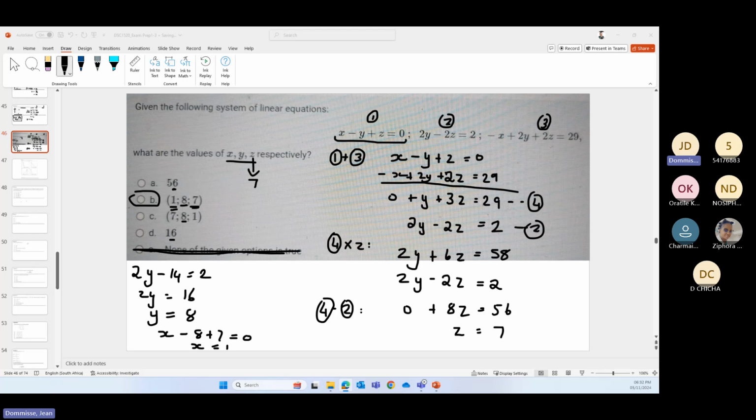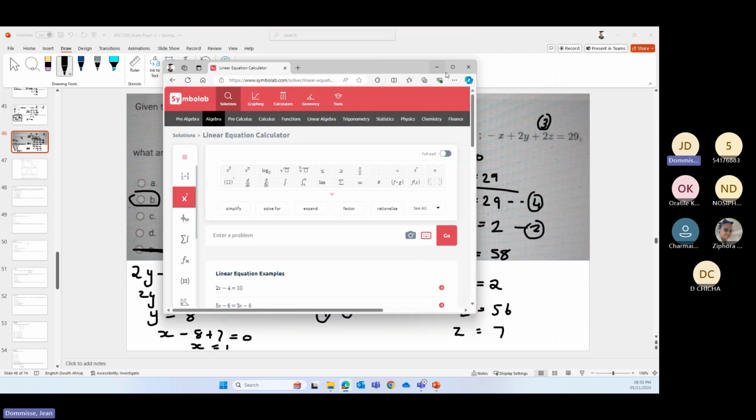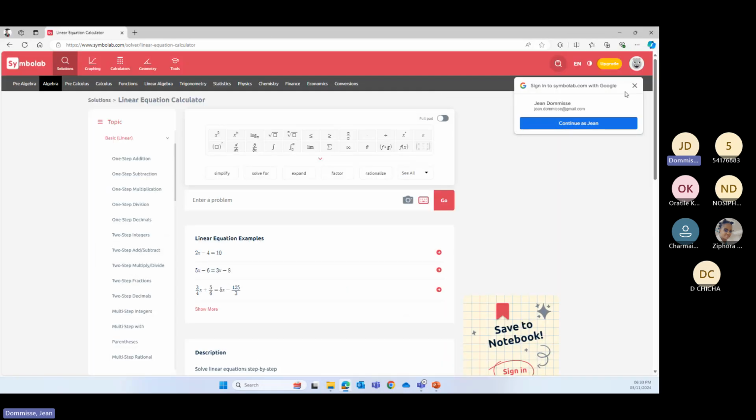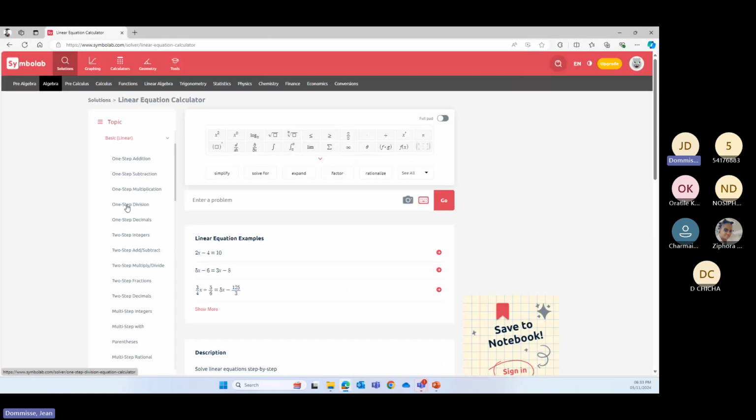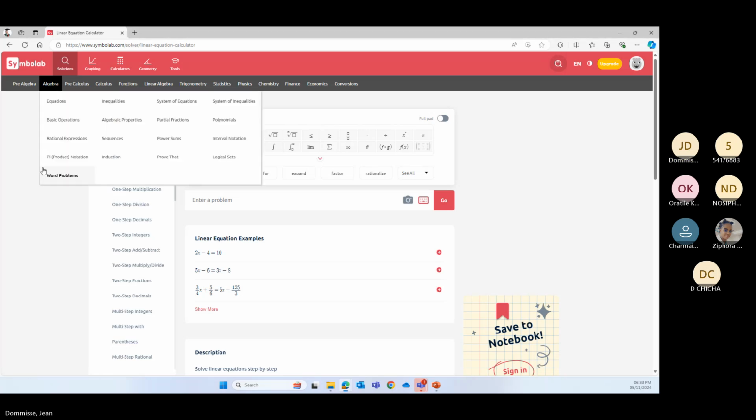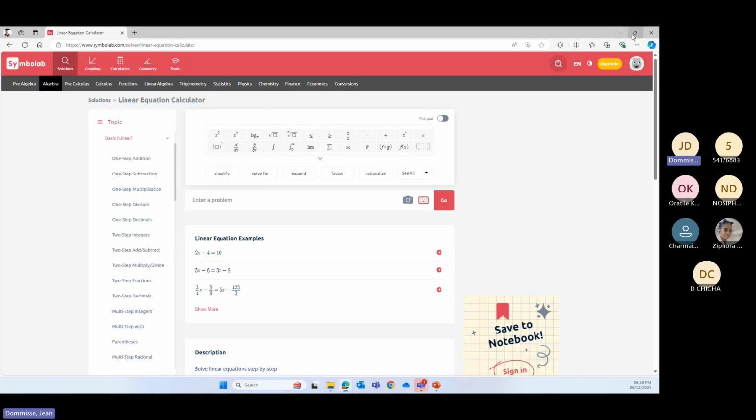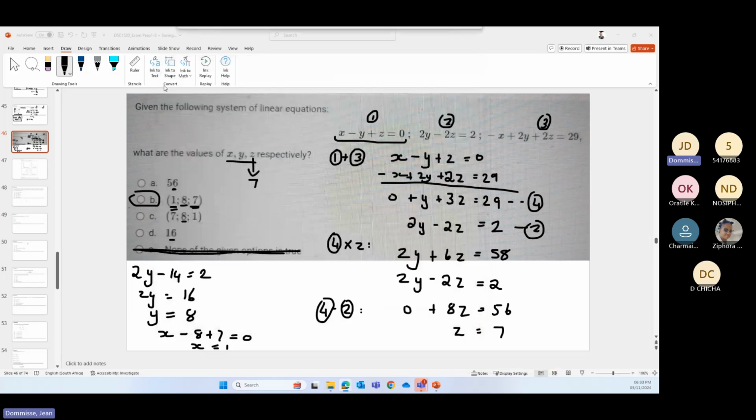So there's always the one that I love, and let me quickly open it up so that you guys can use it while you are practicing and things like that. We know you're not allowed to use it in the exam, but you're always allowed to use it to test answers and see what the steps are.